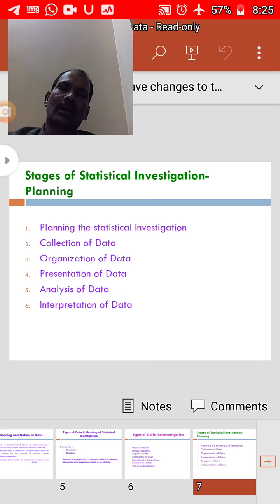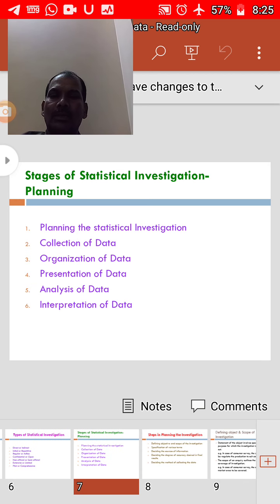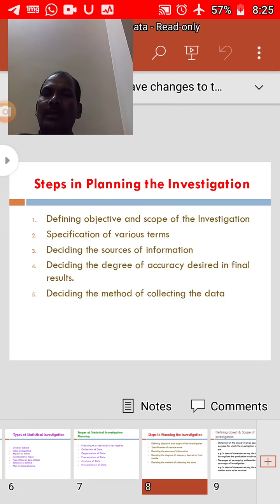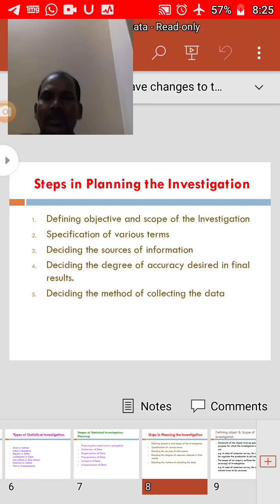Collection of data, organization of data, presentation of data, analysis of data, and interpretation of data will be discussed in future classes. What are the steps in planning of investigation? Planning of the statistical investigation has a few steps.